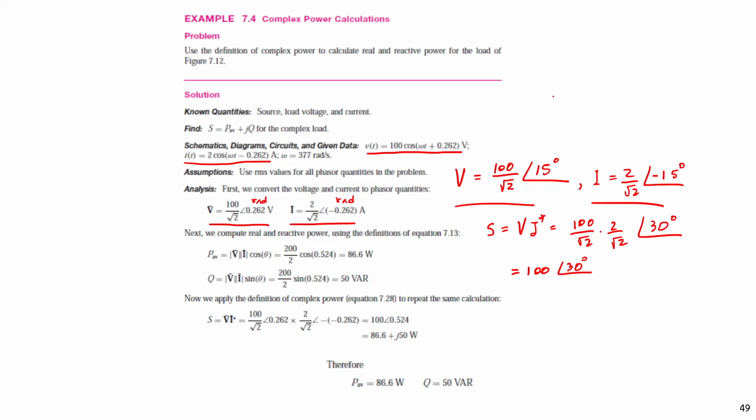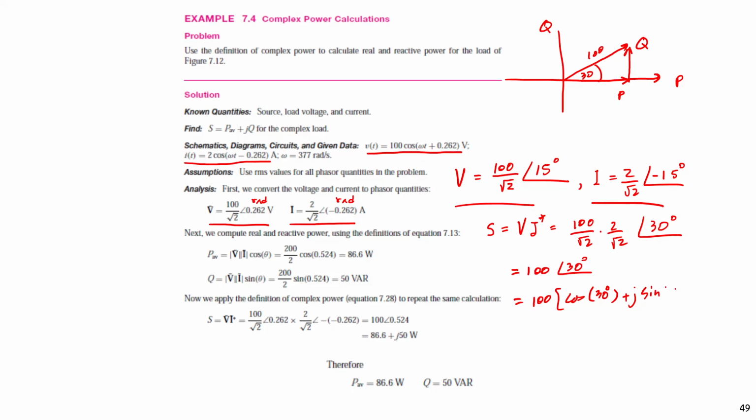This means S, what is S? In terms of P and Q axes, we have 30 degrees and 100, right? So we can calculate how much P and how much Q, the reactive power. This will be 100 with cos 30 degrees plus j sin 30 degrees, which is equal to 86.6 plus j50.